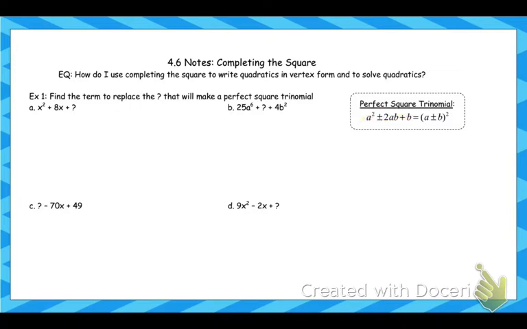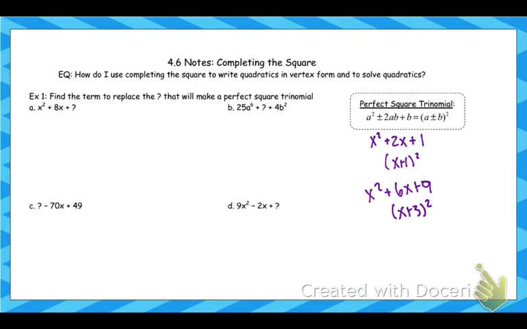An example of this would be x squared plus 2x plus 1. That would factor into (x plus 1) squared. Another example would be x squared plus 6x plus 9. That's going to factor into (x plus 3) squared.